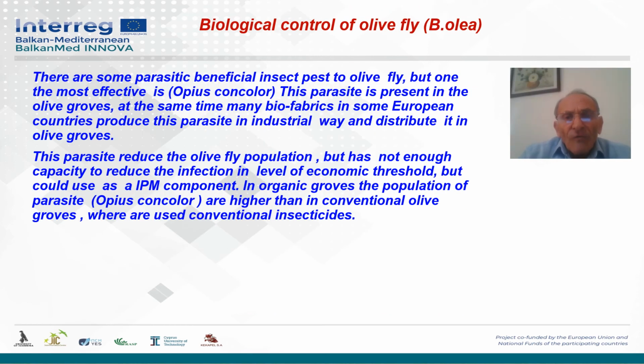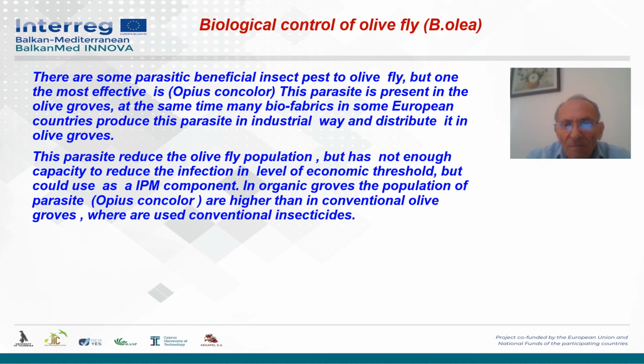Biological control of olive fly. There are some parasitic beneficial insects of olive fly, but one of the most effective is Opius concolor. This parasite is present in olive groves.